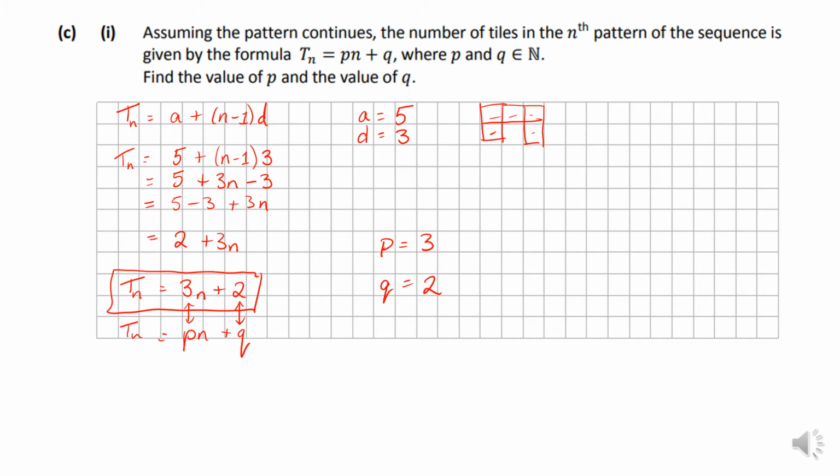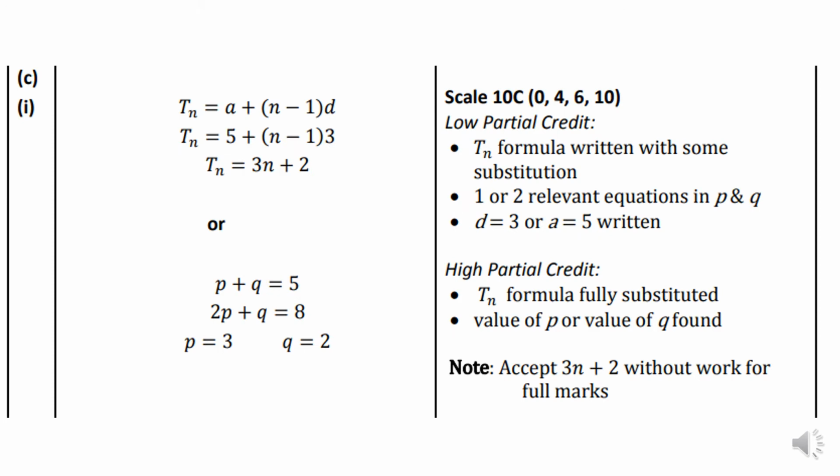So let's check our marking scheme. We got our Tn correct, and we got P is 3 and Q is 2, and there were 10 marks going for that, but you do get opportunities to gain partial credits. You'll get 4 out of 10 if the Tn formula is written down with some substitution.